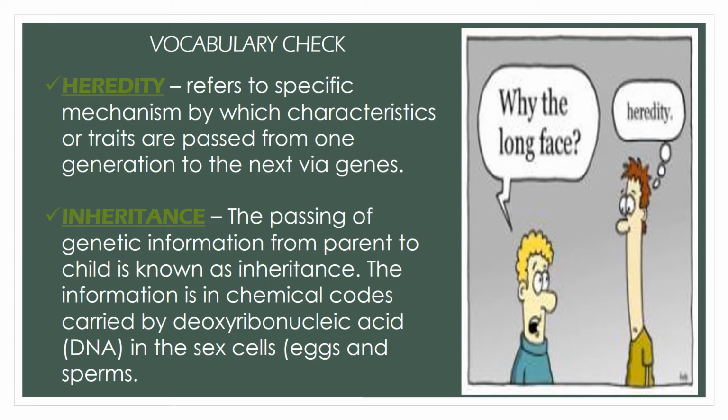For inheritance, inheritance is defined as the passing of genetic information from parent to child. The information is in chemical codes carried by deoxyribonucleic acid or DNA in the sex cells, the eggs and the sperm.